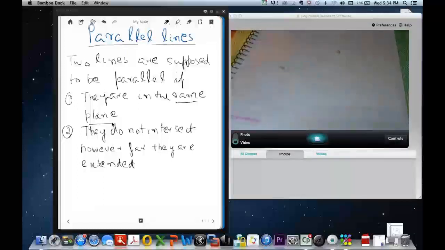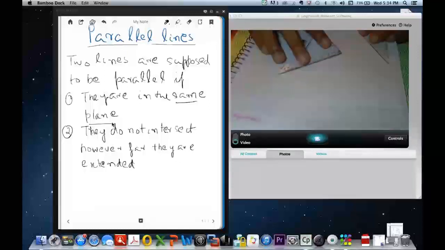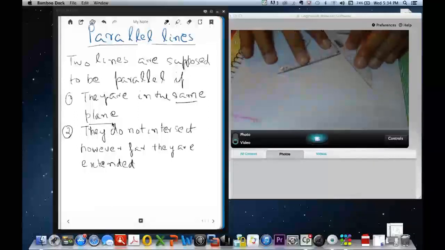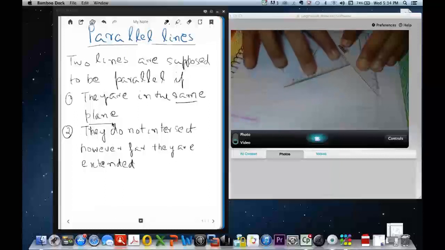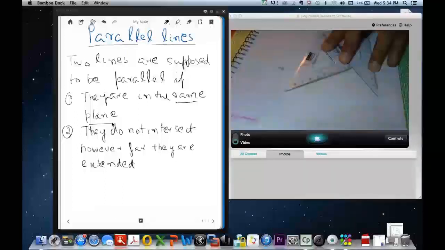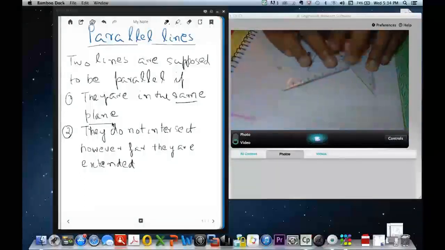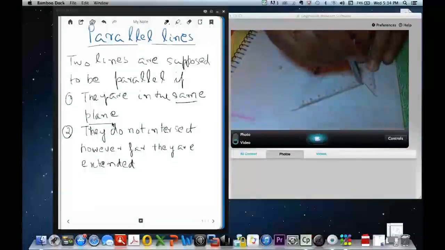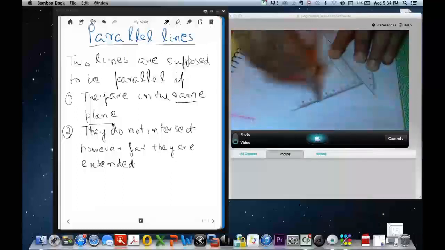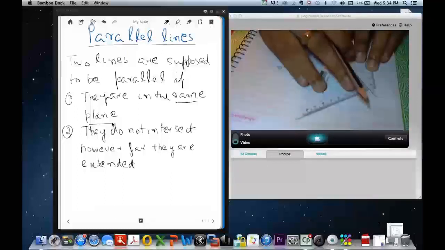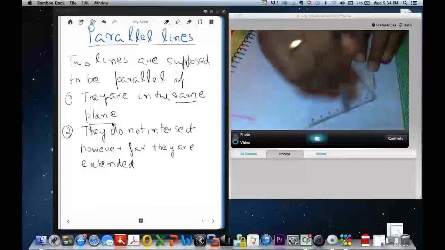So what I can do is first align the set square exactly along that line, and then put the other set square along one of the sides and slide it like this. Then I can draw one line here, another line here, and another line here, and so on.